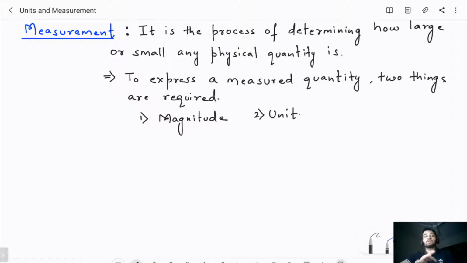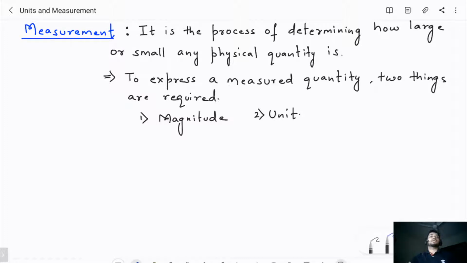So to represent any measured value, we need a magnitude and a unit. Magnitude tells us how big or small the quantity is, and unit tells us which physical quantity we are talking about.